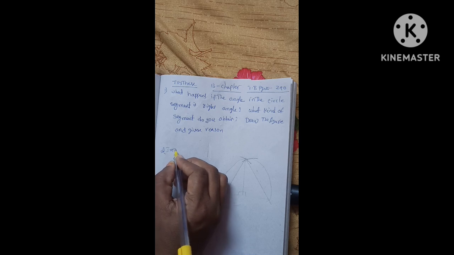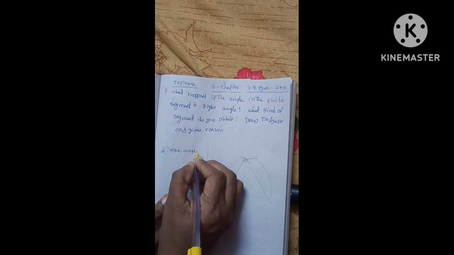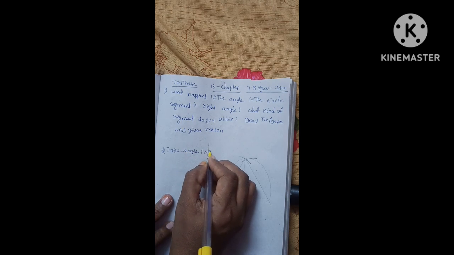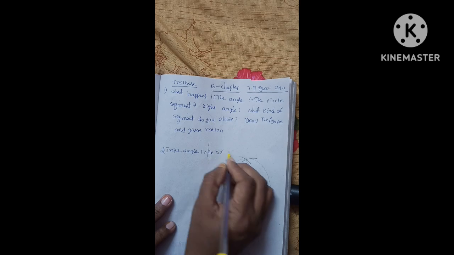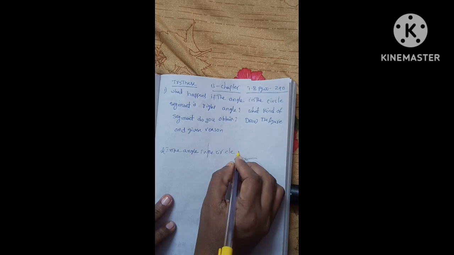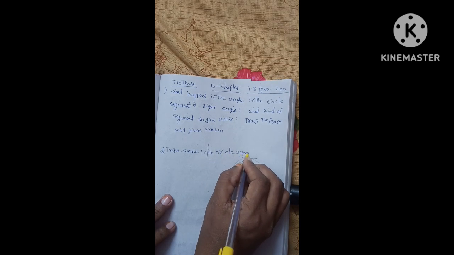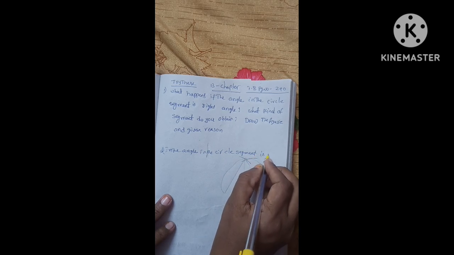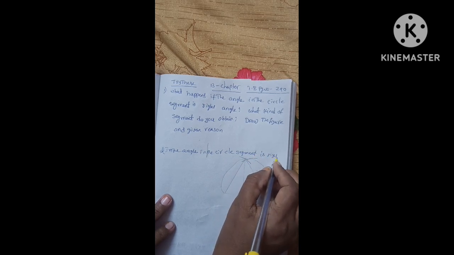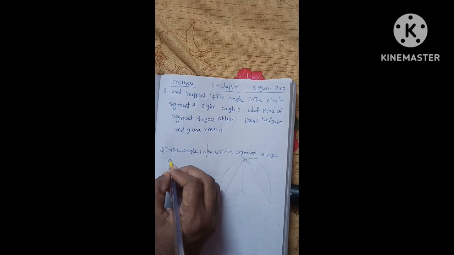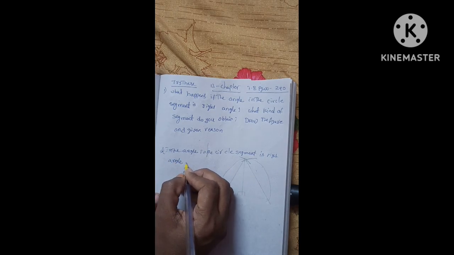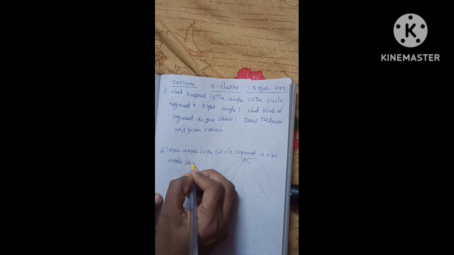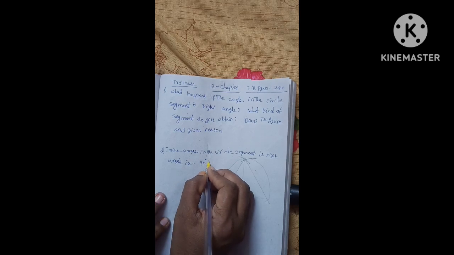Solution: the angle in the circle segment is a right angle, that is 90 degrees.